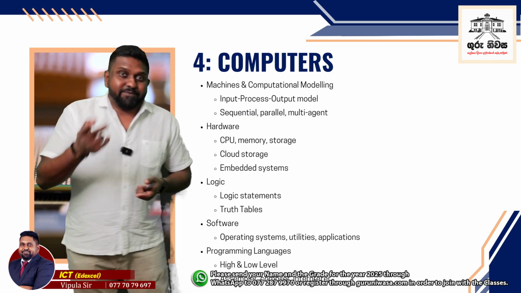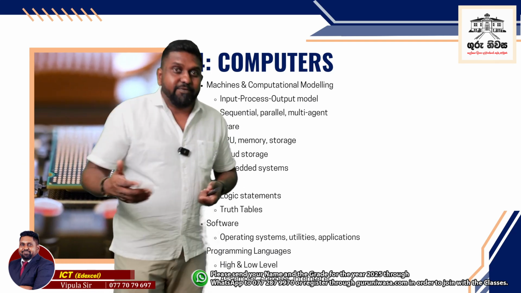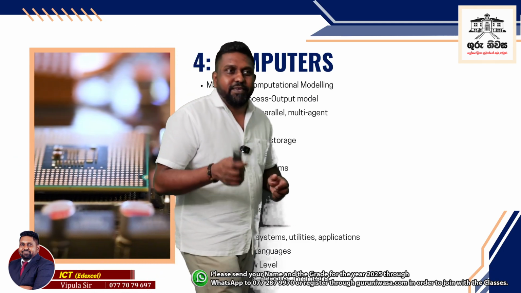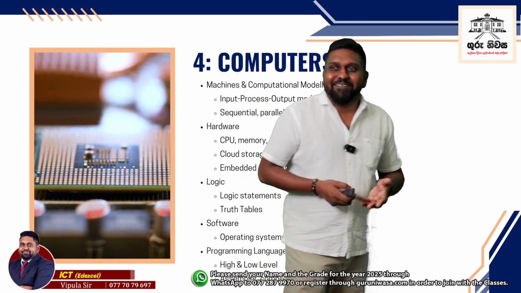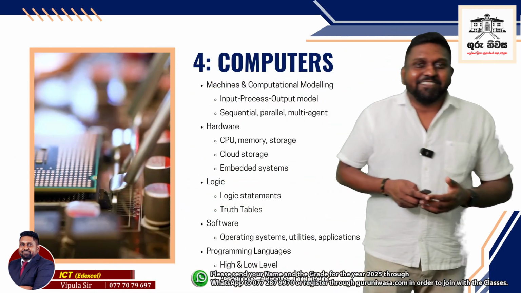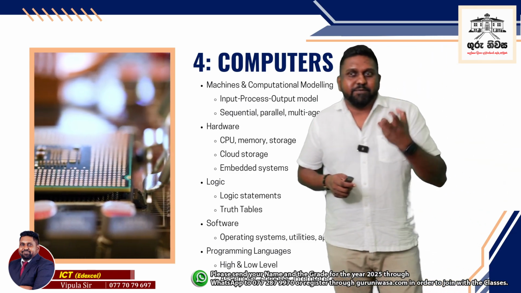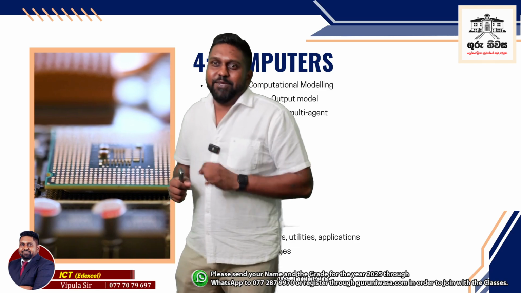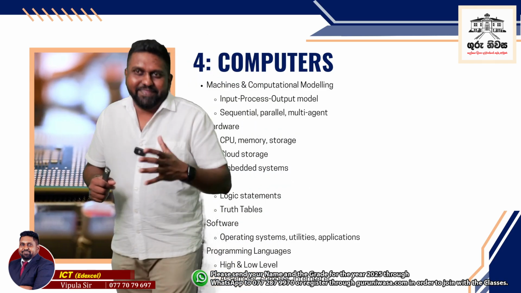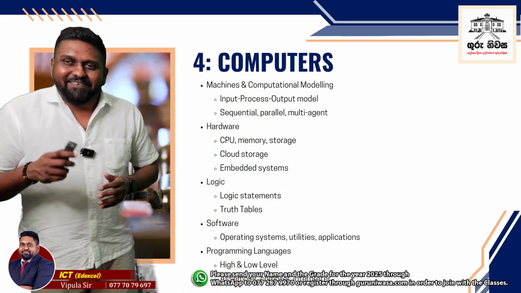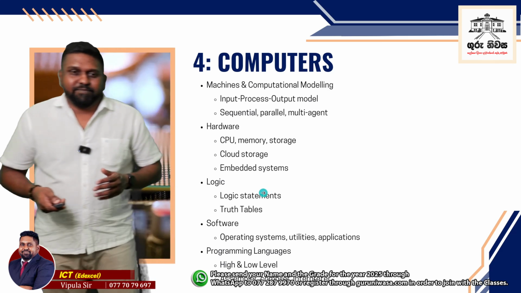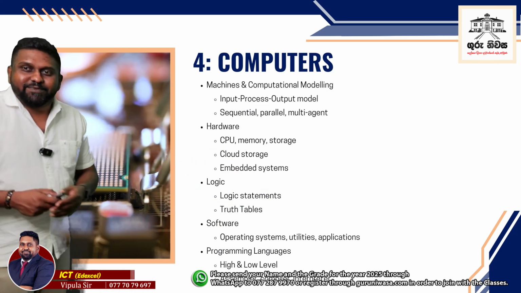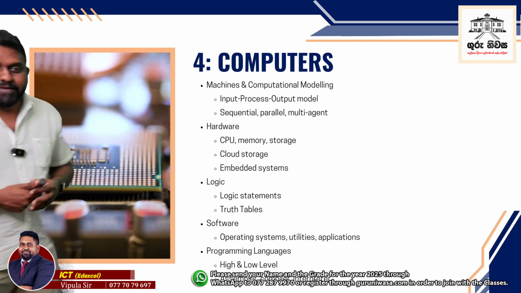In order for us to understand exactly what type of logical statement has to be triggered, we need to learn how to write these logical statements and the truth tables. The truth tables are how we learn to provide this software with its actions. So after the truth tables, we'll be talking about software, operating systems, utilities, and of course applications.